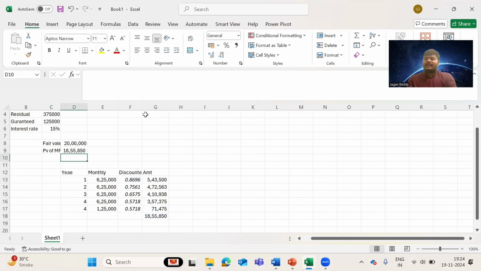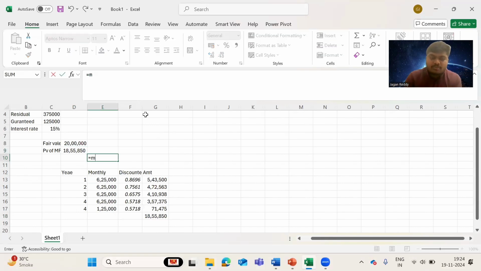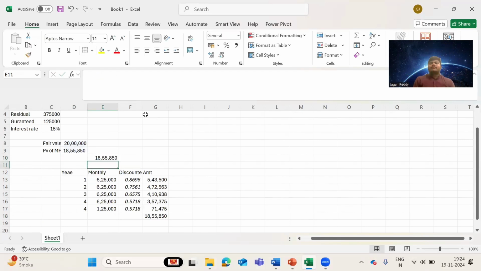So I said the lease liability or asset should be recognized at the lower of the lease liability or the fair value of an asset. Here, what will be the lower value? So minimum, I use the formula. So lease liability will be 8,55,850. Then at the lease inception, what will be the accounting entry?